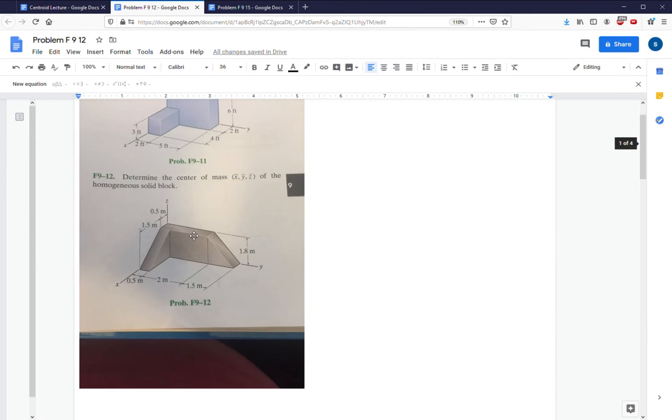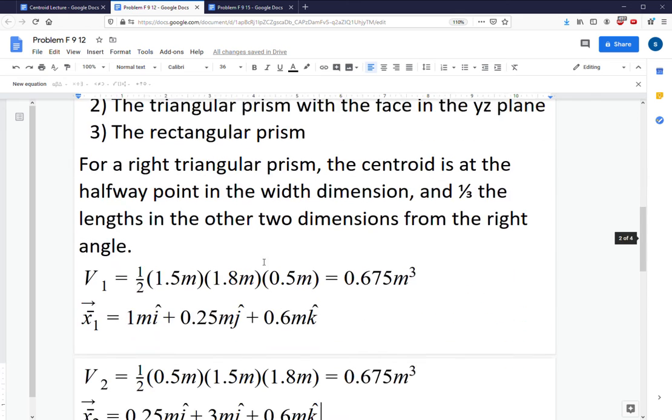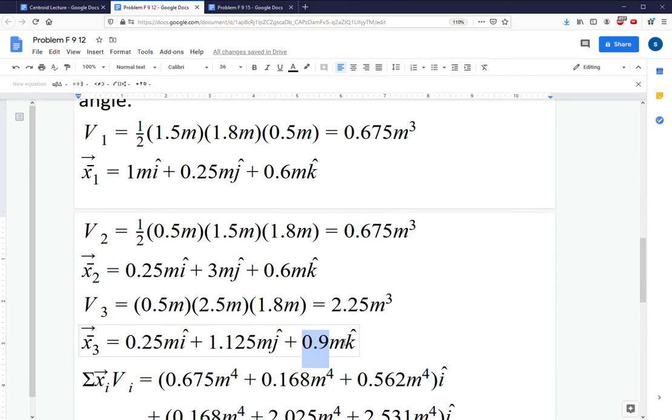Finally, for the rectangular prism, the centroid is halfway in each case. So in the x direction, it's 0.5 meters wide, so 0.25 meters. In the y direction, it is, again, remember, 2 plus 0.5, so 1/2 of 2.5, or 1.125 meters in the y, and 1/2 of this 1.8 meters in the z, so 0.9 meters in the z.